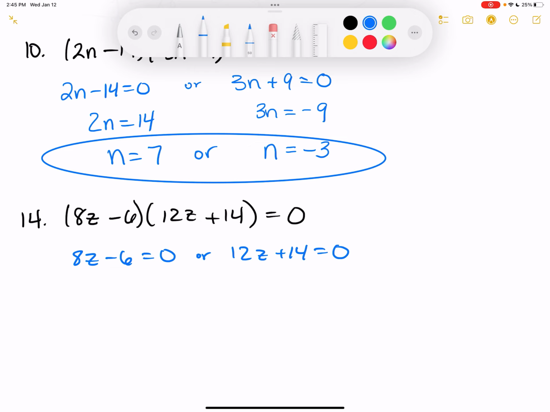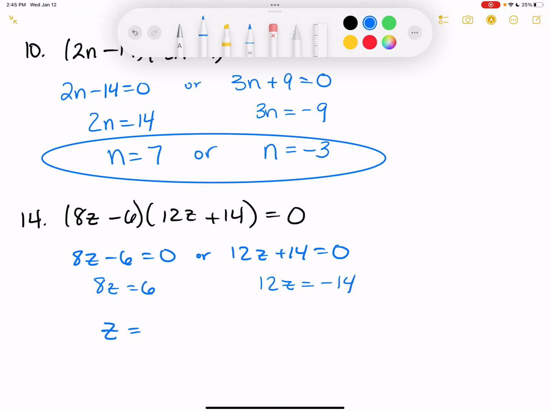All right, what do we get? 8z equals 6 or 12z equals negative 14. Not done. You divide. I put it in decimal form.